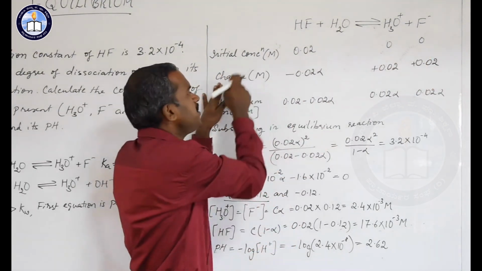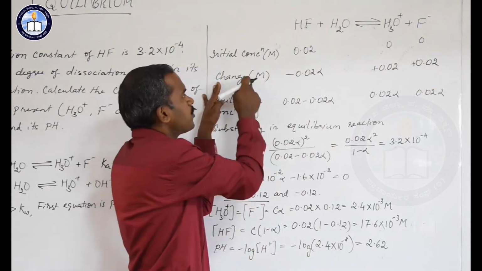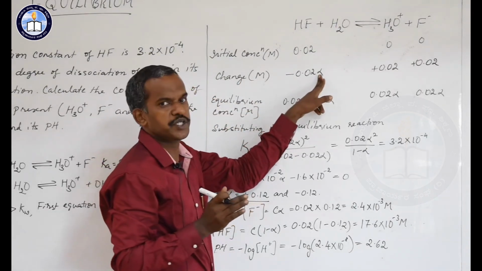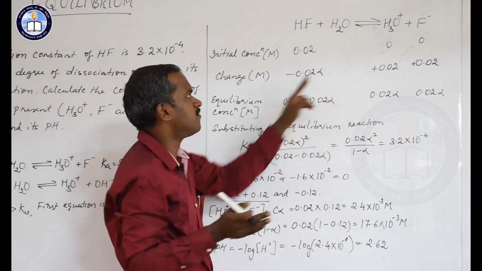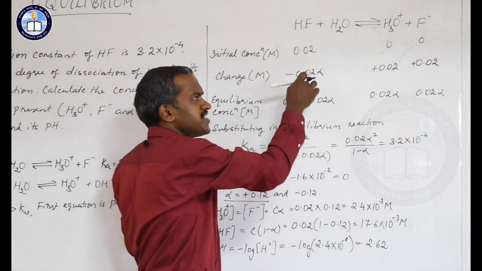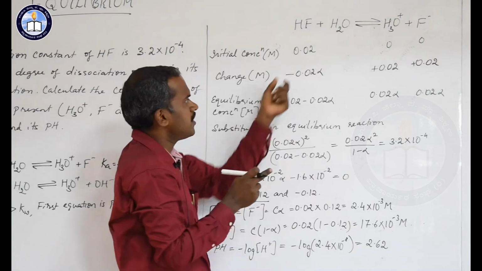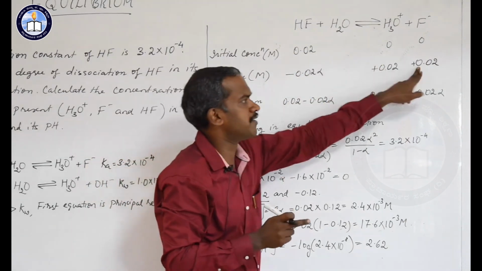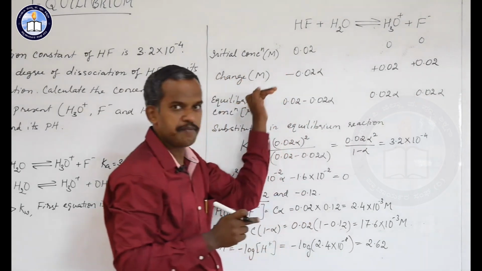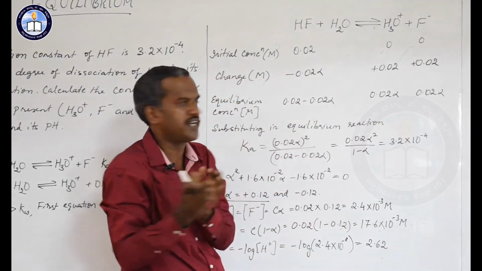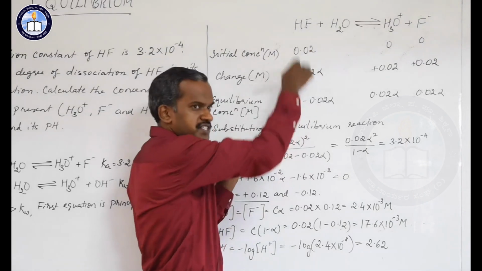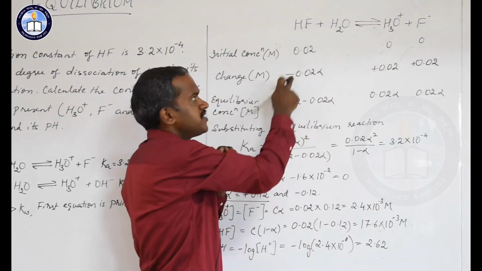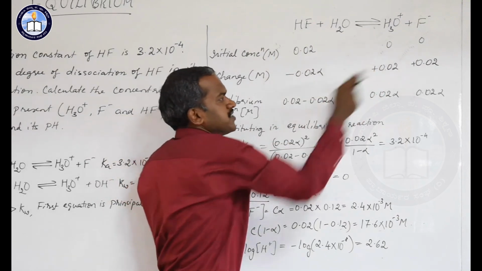Now the change in concentration. I told you, we consider the concentration after time t with the degree of dissociation, or the rate of dissociation, as alpha. So its concentration is decreasing. The reactants we write with the minus sign, and products we write with the plus, because as the reaction proceeds, the concentration of reactants decreases and the concentration of products increases. So minus represents a reactant, plus represents a product.